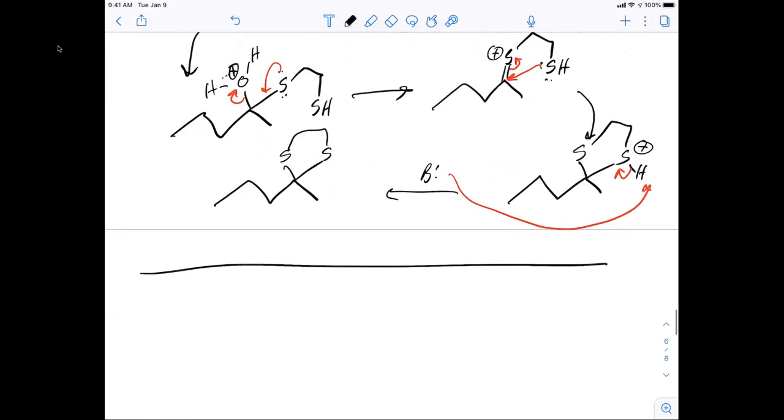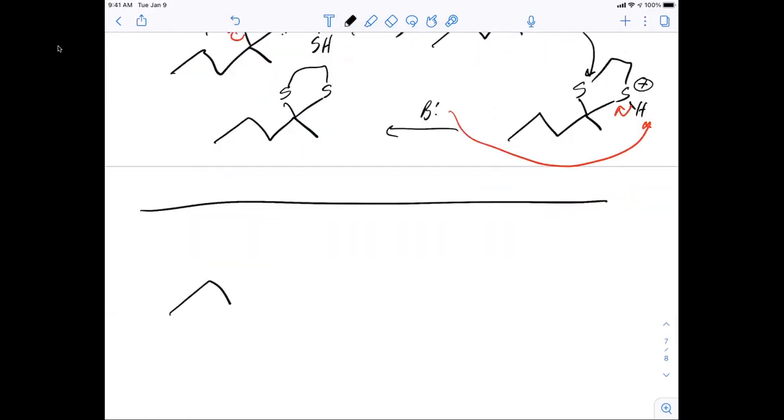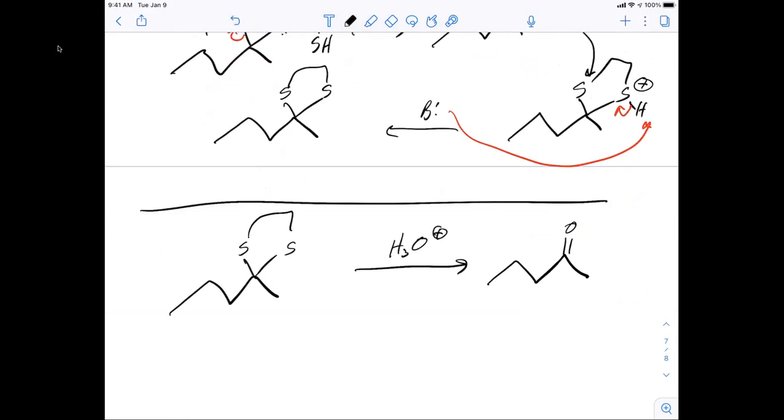Now the big difference with the sulfur is we have more than one way to hydrolyze it. So we could hydrolyze this back to the ketone with H3O plus.